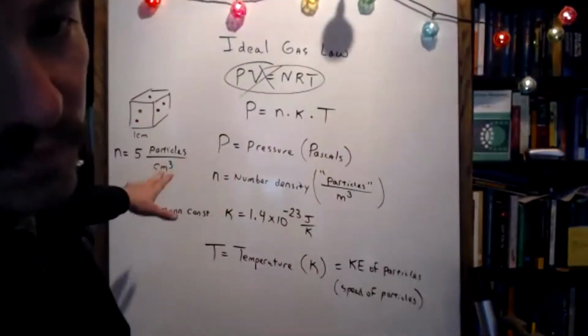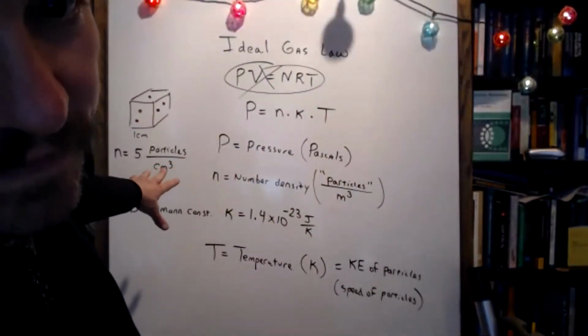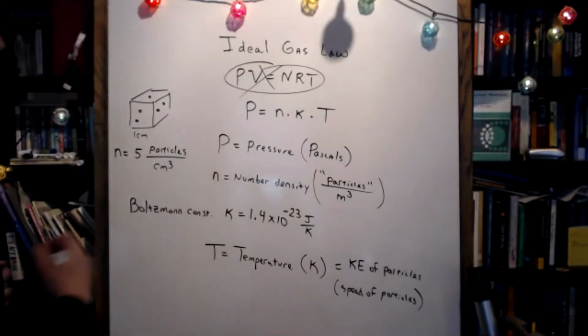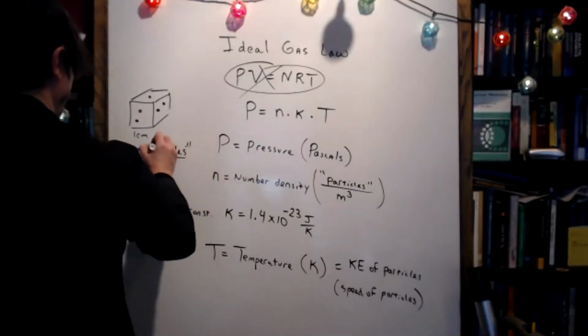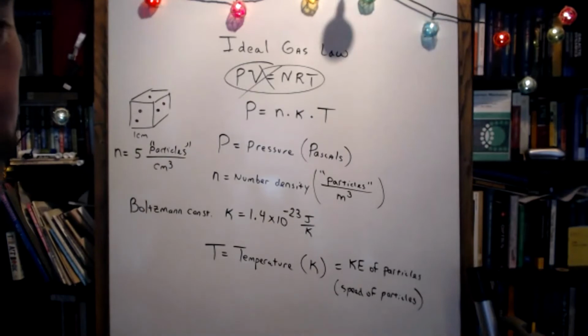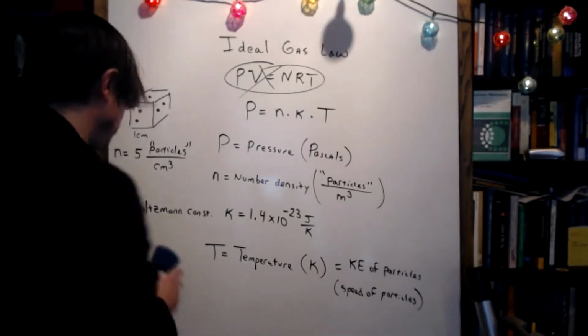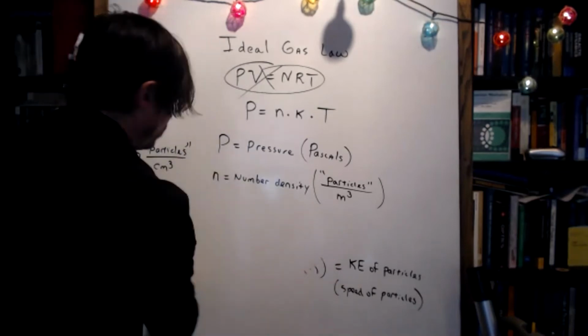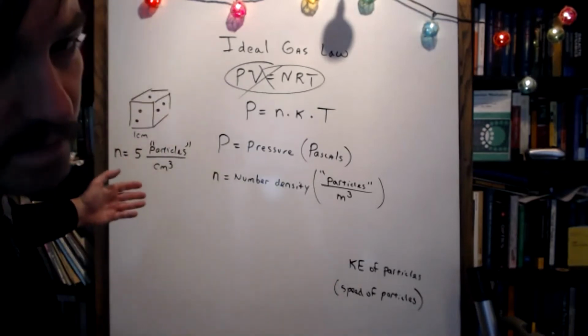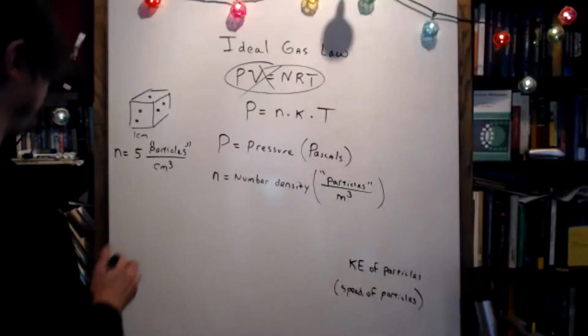Okay, here's the thing that you need to know about number density. Cubic centimeters are a physically measurable unit, but particles are a conceptual unit. So one thing that I found very confusing when I was a student is that oftentimes people write number densities with these units.